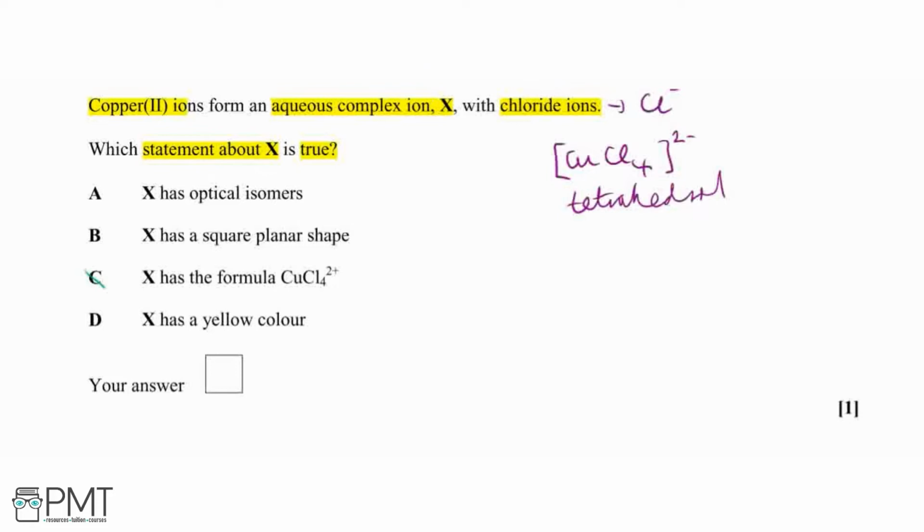Therefore, our answer can't be B. And because it's tetrahedral and we've got 4 of the same ligand bonded to our central copper ion metal, we also can't have optical isomers for this complex. Therefore, our answer is going to be D, that X has a yellow colour, and this is also something which you need to learn as part of this complex ion. So our answer is D.